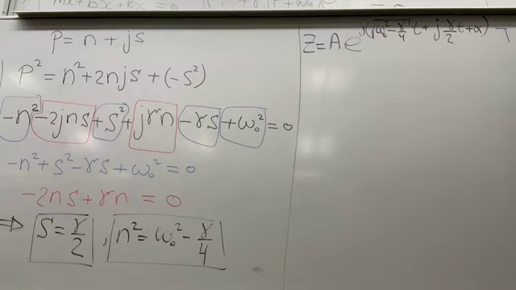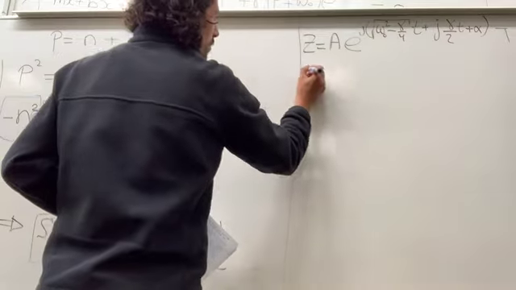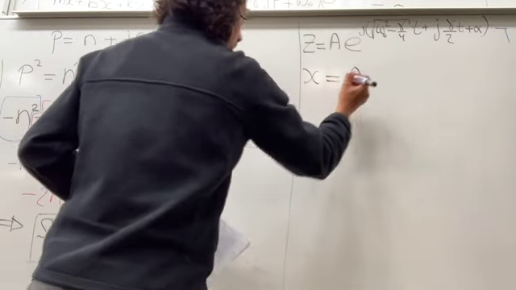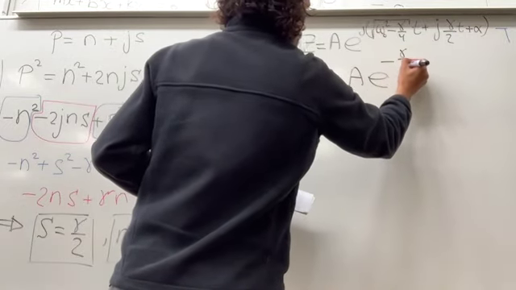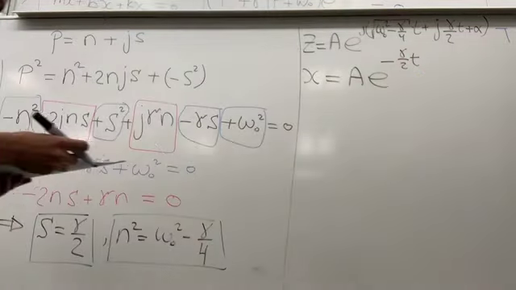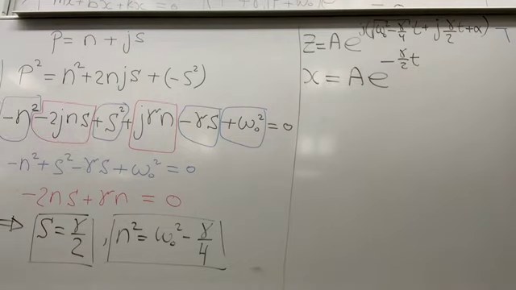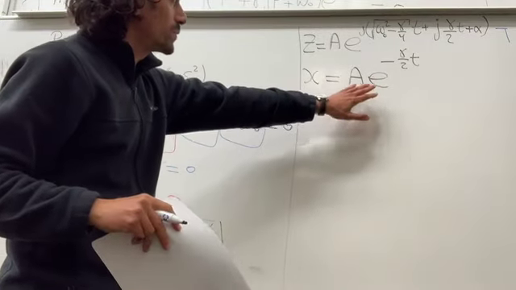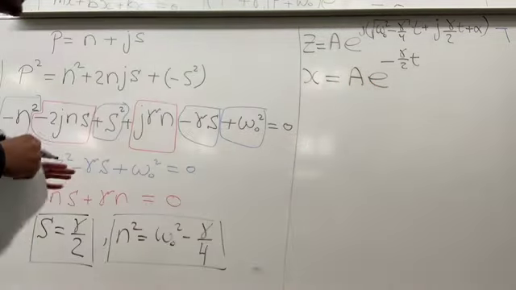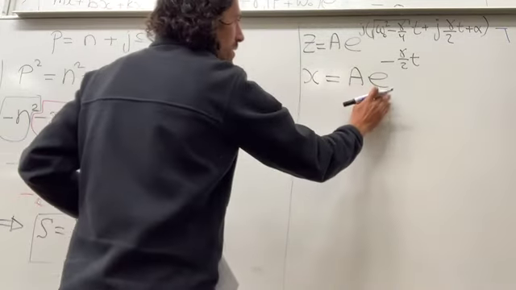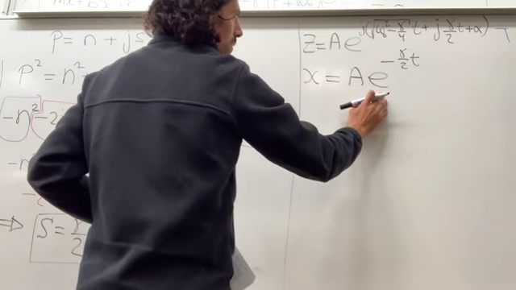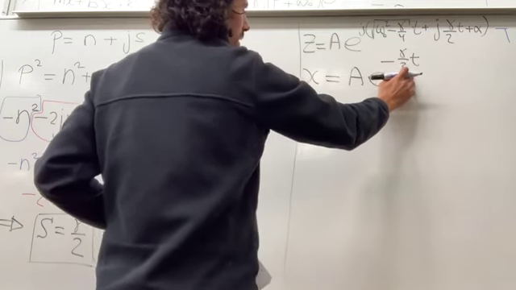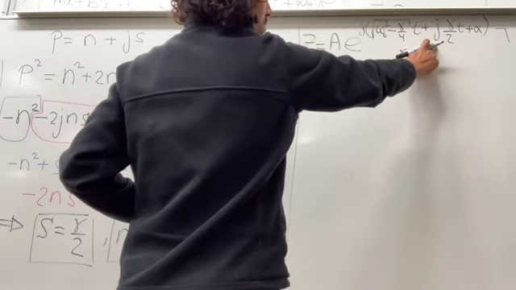And we can also write it now in the real form, so x equals a times e to the power minus gamma over 2 times t. Now don't be confused. I was almost confused with this. We are in the real world now. There is no j, right? This is the decay, because we have j times j there.